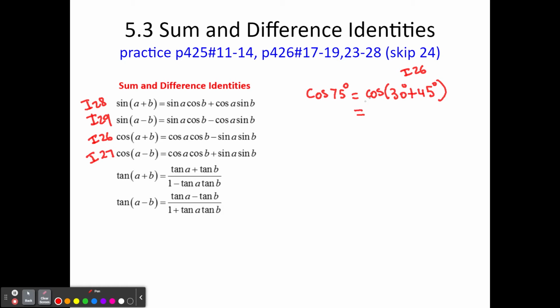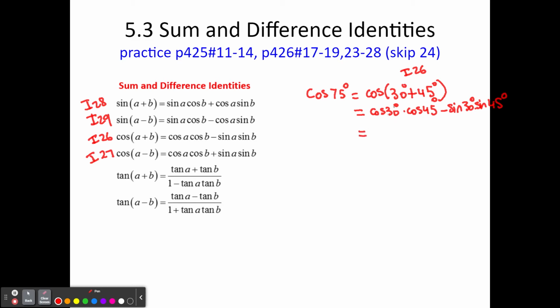A and B are the angles. A is the first angle, B is the second. So cosine of the first times the cosine of the second angle in degrees minus sine of the first, sine of the second angle equals.